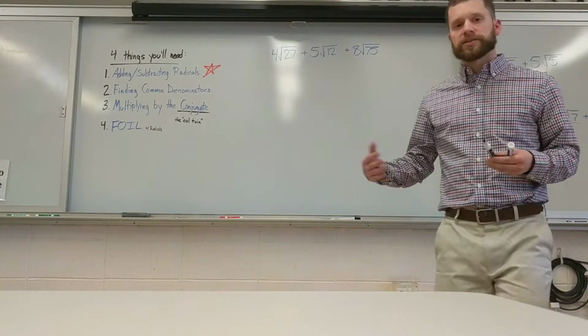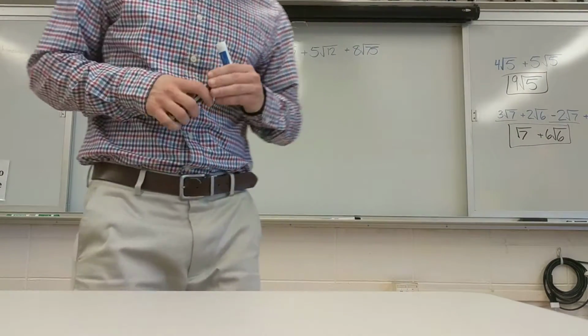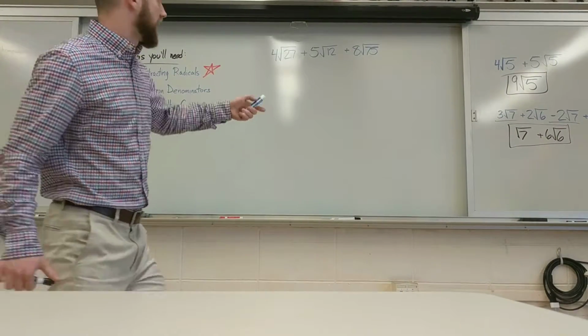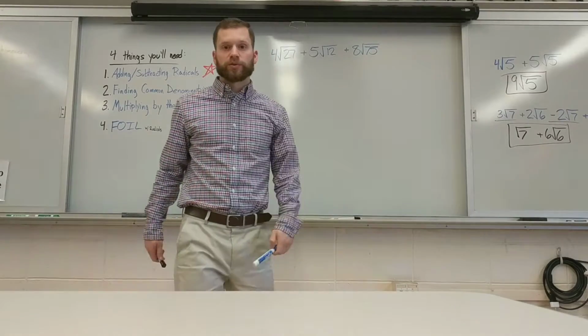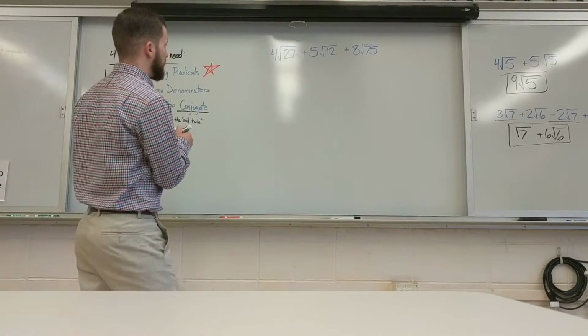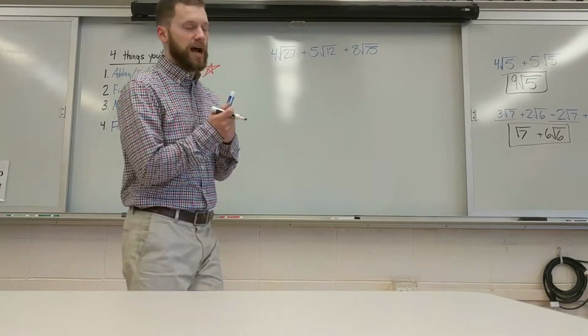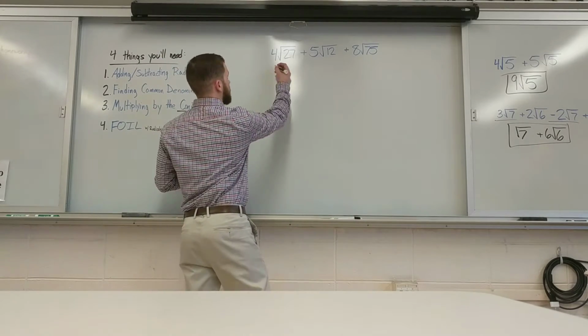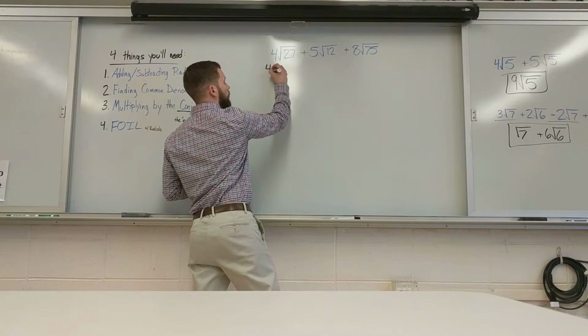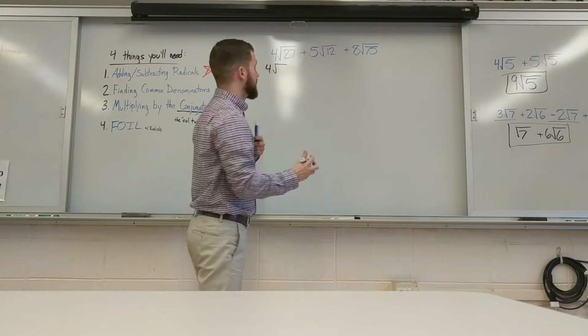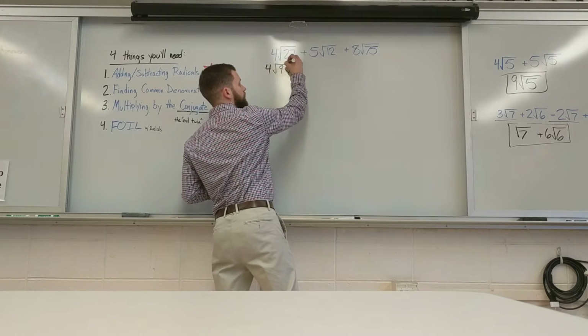Not all the time are we going to have our radicals already simplified. So in this problem, we have radicals that clearly have some perfect square factors in them. Let's simplify them. The idea is you should simplify first and then combine anything that has a common radical. So here we go. I see that this is a 4, and we can take a 9 and a 3 out of here. The 9 is the perfect square.